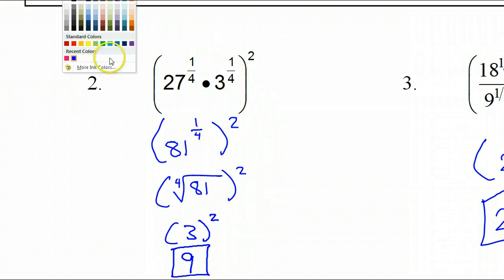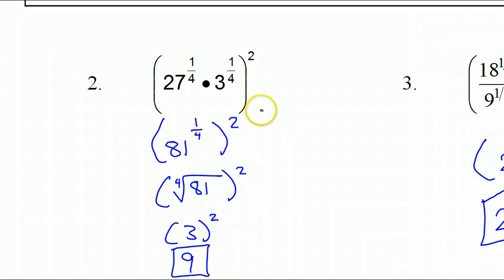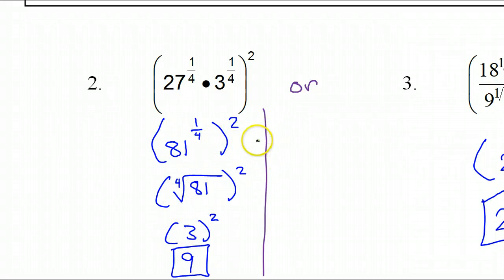Just to be complete, here's another way I could have done it. I'm showing you an alternate reality. I could have multiplied the 2 times 1/4. Then I would have had 81 to the 2/4 power, because this would be like 2/1, so 1 times 2 is 2, and 4 times 1 is 4.